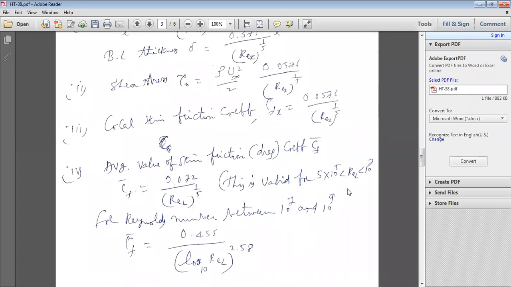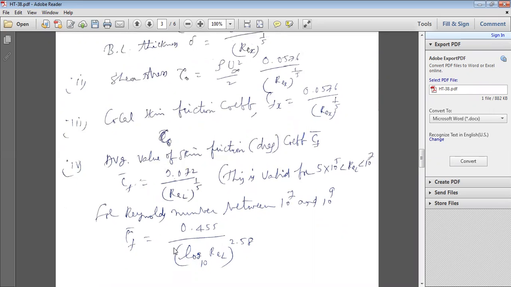And if the Reynolds number is greater than 10 power 7 and less than 10 power 9, okay, up to that only we will calculate the average skin friction coefficient. For Reynolds number between 10 power 7 and 10 power 9, our equation changes. So Cf bar is equal to 0.455 divided by log ReL to the base 10.